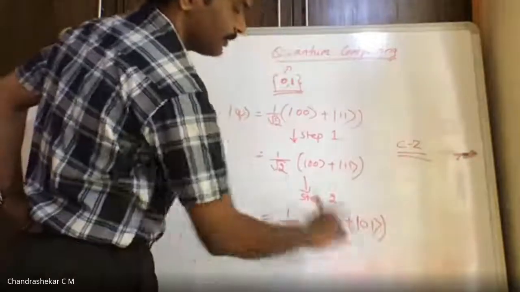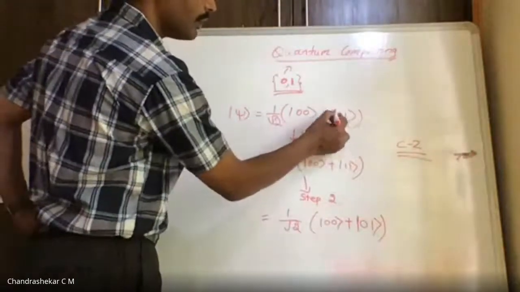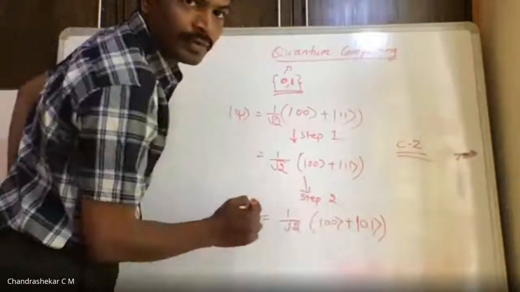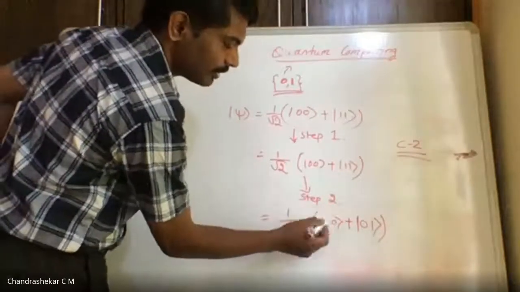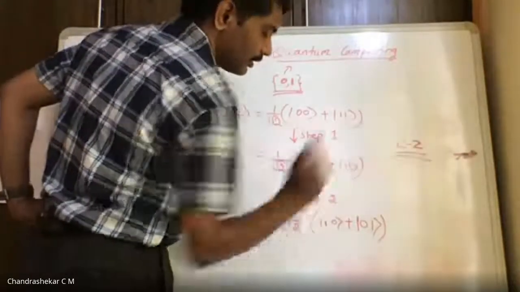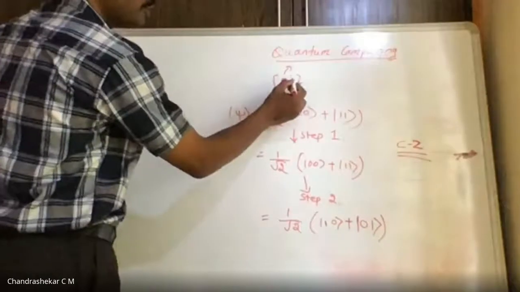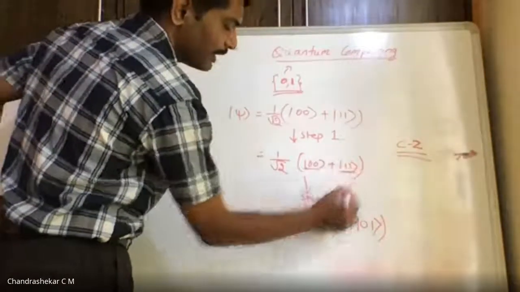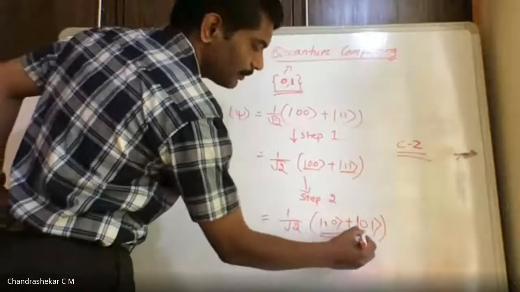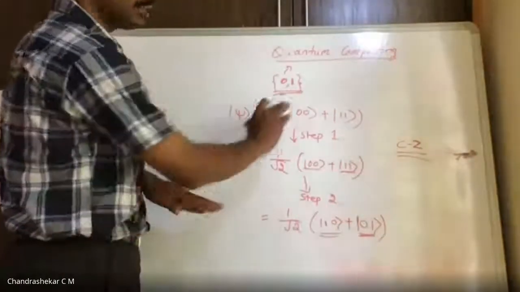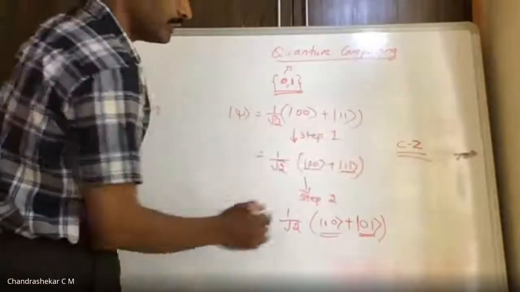Here she's flipping the bit on her side. Z is a flip operator, a controlled flip. So the state 0 0 and 1 1 has become 1 0 and 0 1. That's all she has done, and she sends it to Bob.